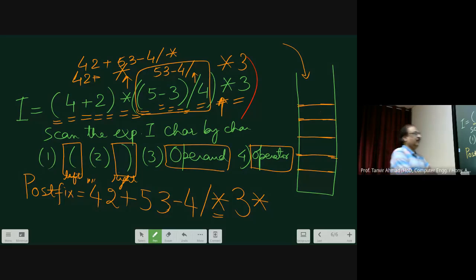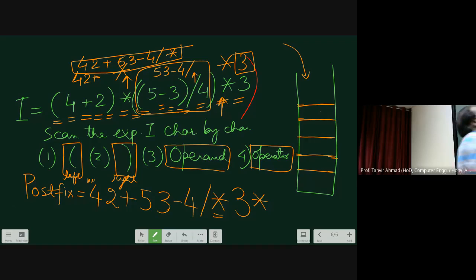This is the first operand, and this is the second operand. Therefore, you put a 3 over here and a star over here. You will get 4 2 plus 5 3 minus 4 slash star 3.